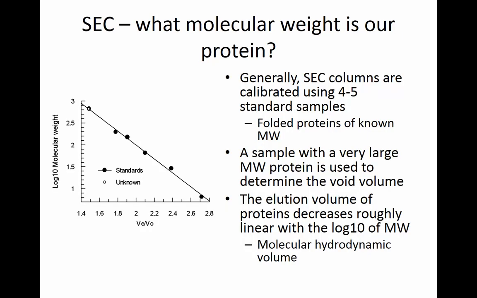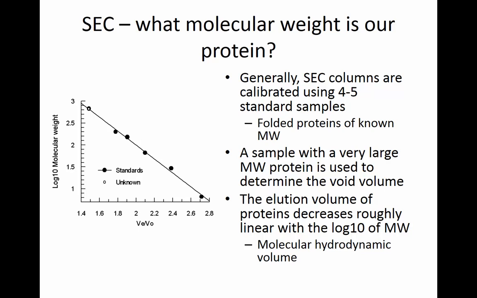Okay, and so we can separate proteins, but what if we want to know what molecular weight our protein is? Generally we can do this by using what we call standards. So proteins are some kind of molecule of a known molecular weight. And generally this is how size exclusion chromatography columns are calibrated, using 4 to 5 standard samples.